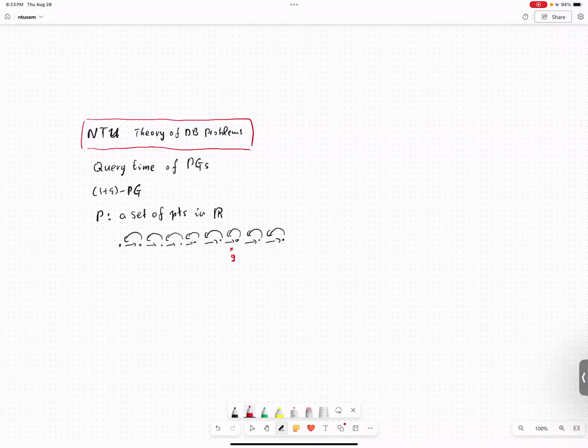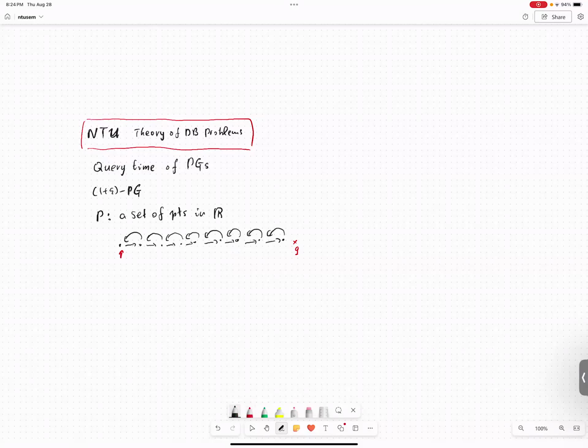However, this proximity graph could be very slow. In the worst case, if the query point is at the very end and I force you to start from the leftmost point, the greedy algorithm would have to traverse the entire chain, from left to right, in order to return the exact nearest neighbor.